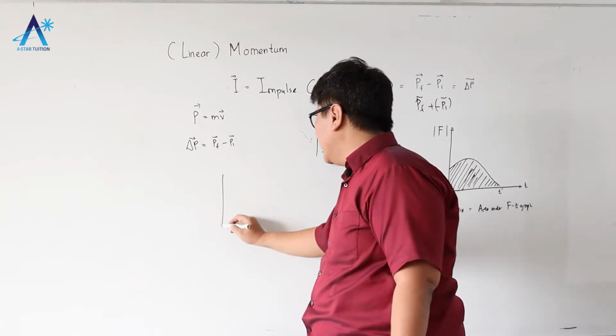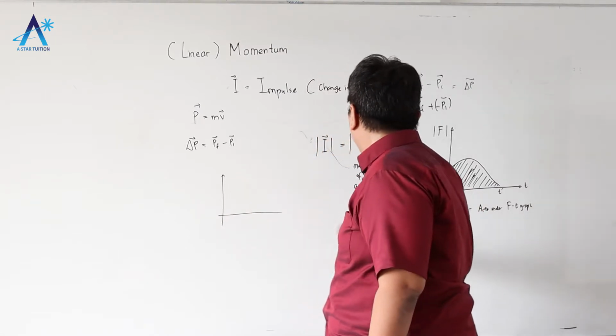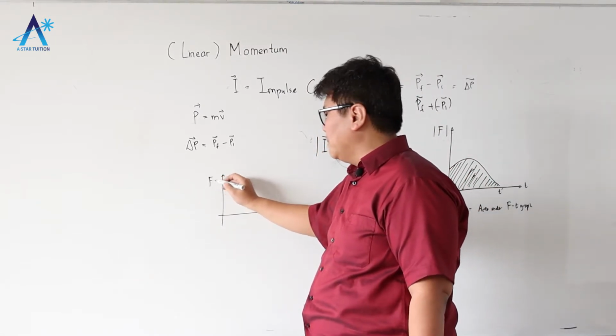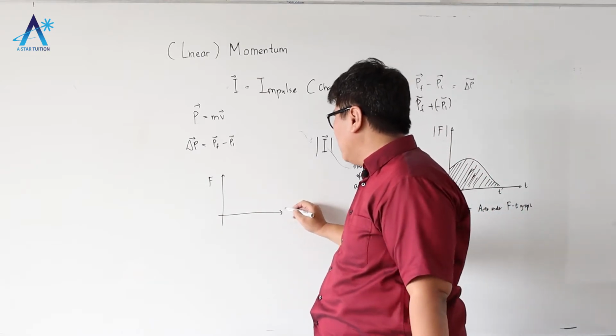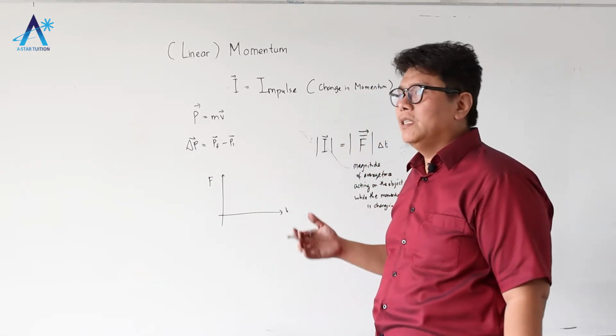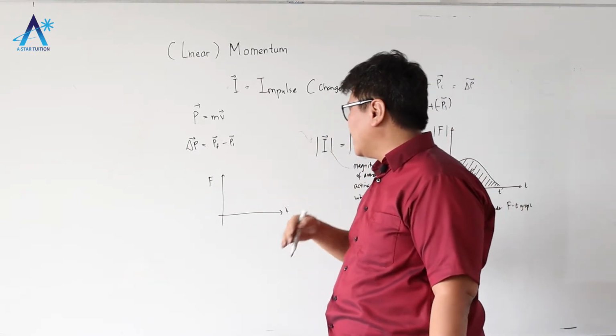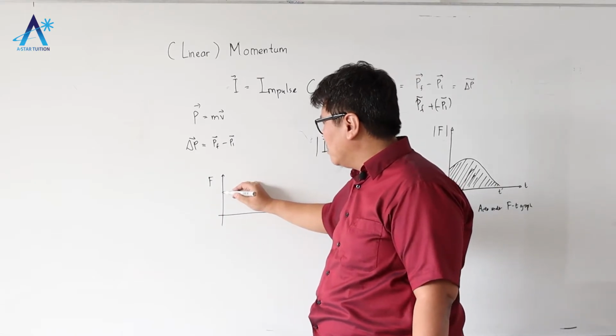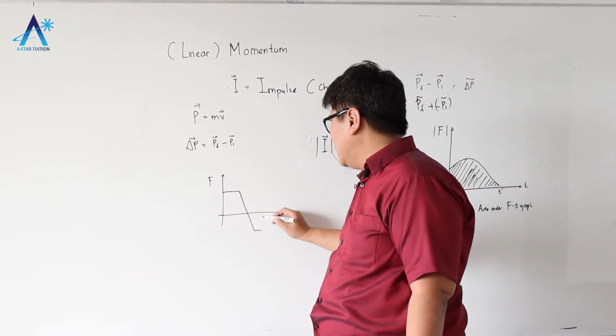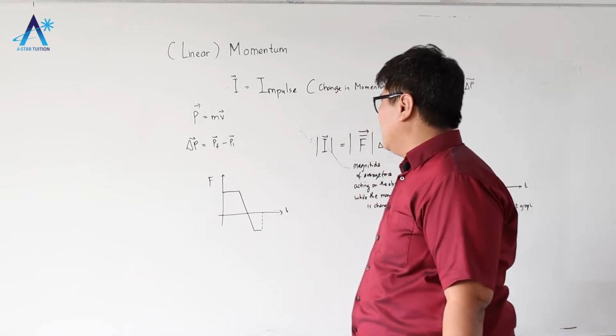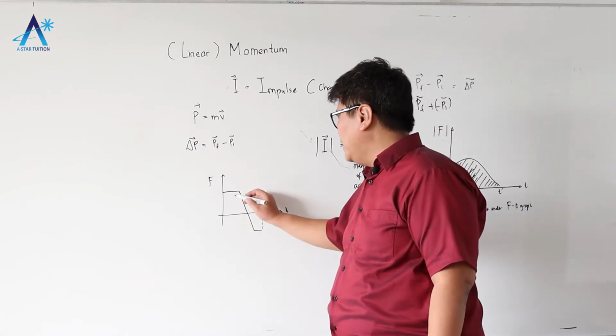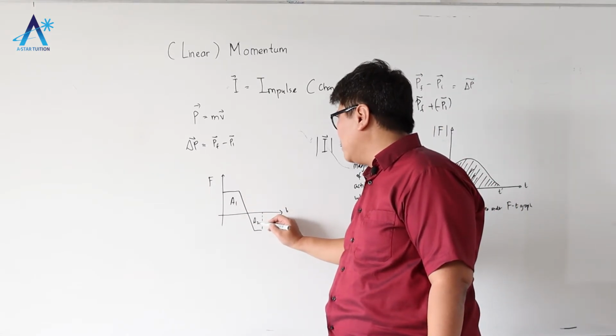What I mean to say is this: let's say instead of the magnitude of the force, you have the force itself. Remember, this is one-dimensional motion, so force negative means it's in the opposite direction. If you have something like this, then the magnitude of impulse is simply area 1 minus area 2.